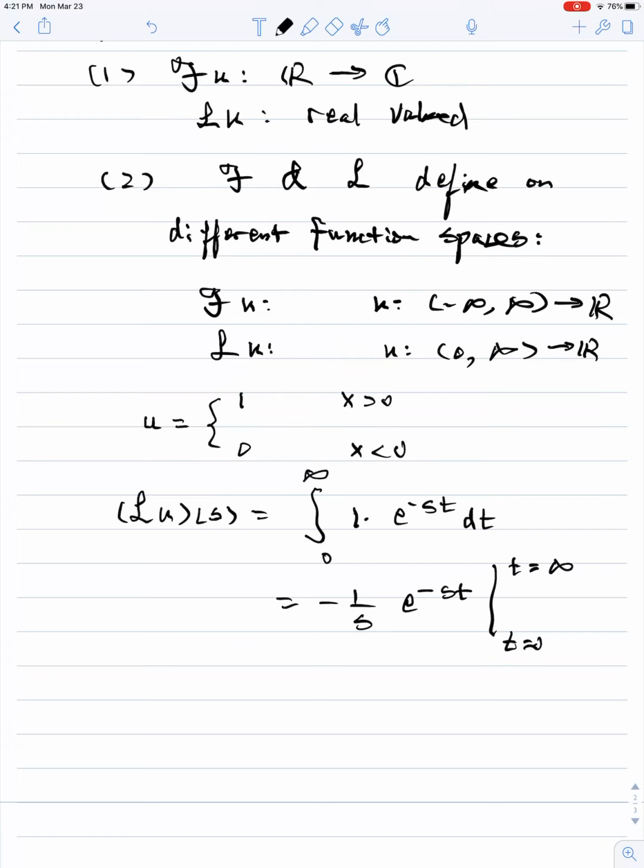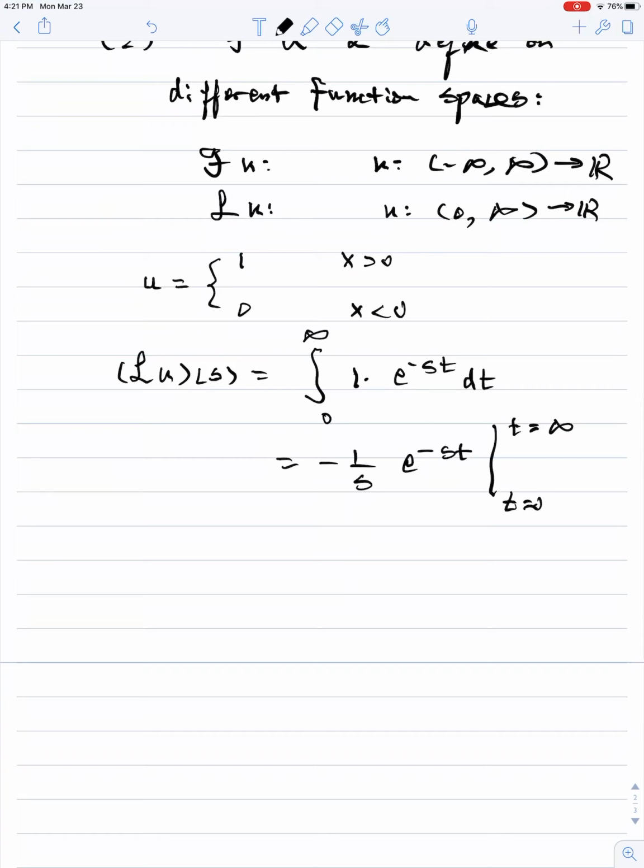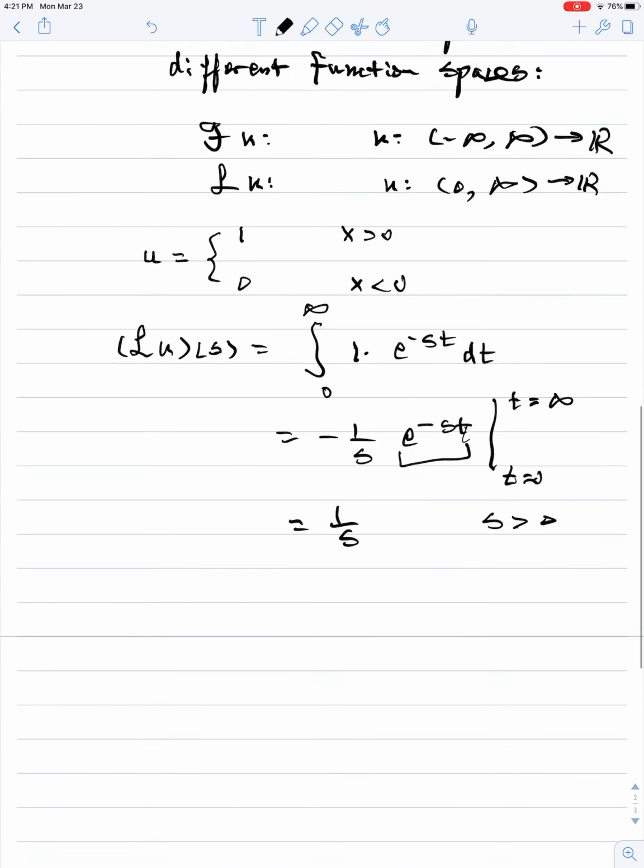You know that when s is positive, this term goes to 0 as t goes to positive infinity, since the exponent is negative infinity. Therefore, this equals 1 over s when s is greater than 0. So we can compute the Laplace transform of this function.